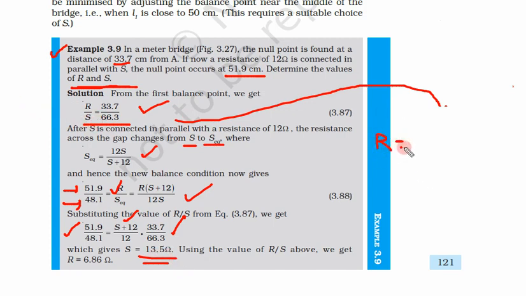So R is simply 13.5 into 33.7 divided by 66.3. So when we solve this equation, we get R is equal to 6.86 ohm.